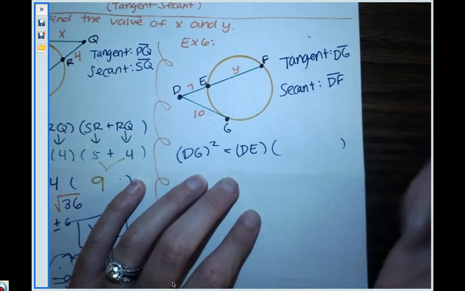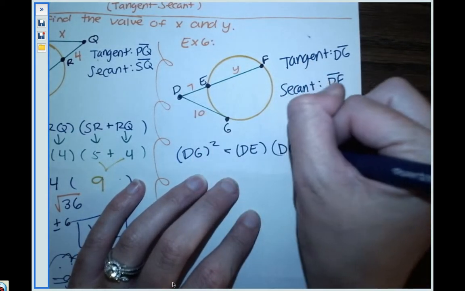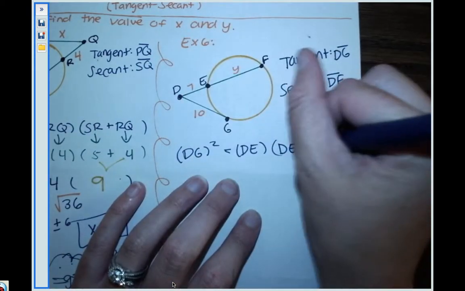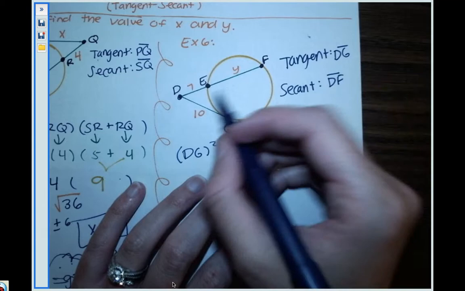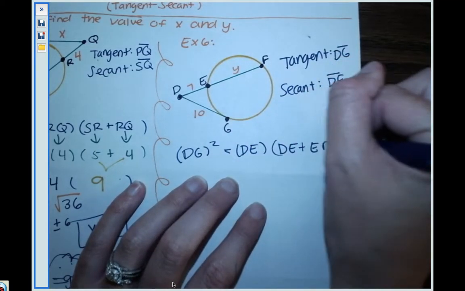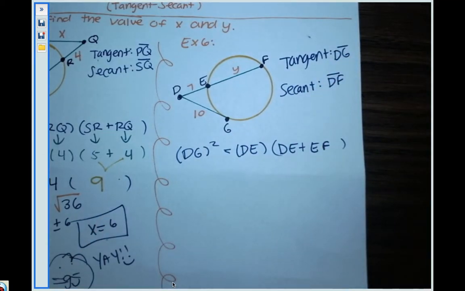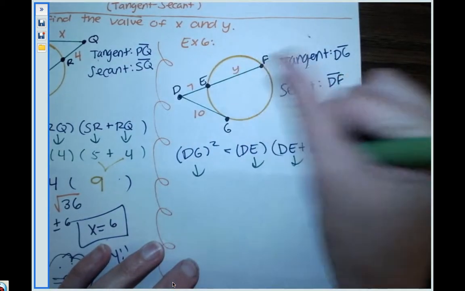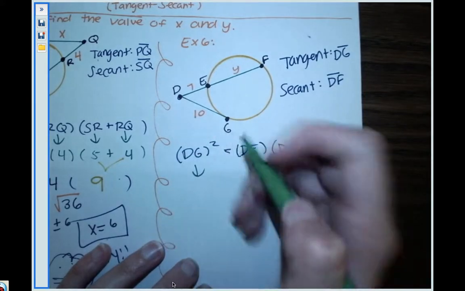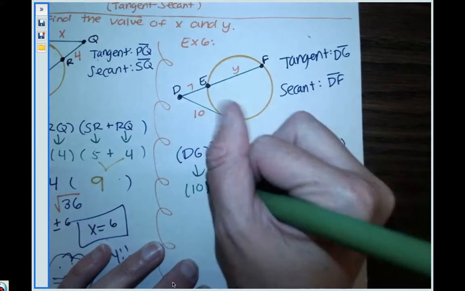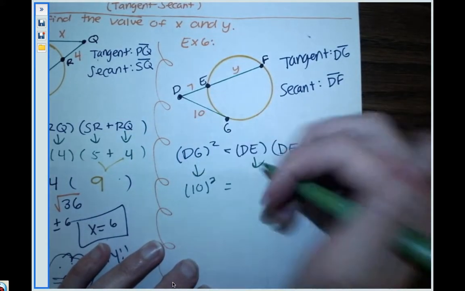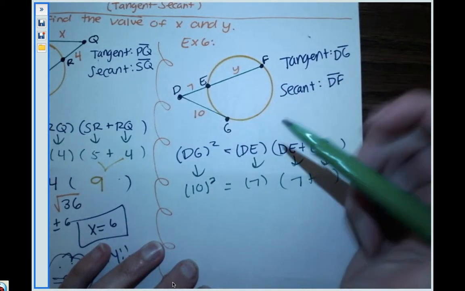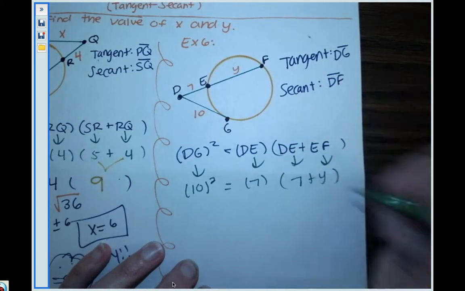So it'll be DE, the piece on the outside of the circle, times DE plus the piece of the secant that's on the inside of the circle, which is EF. All right, let's start filling in those values. DG is 10, so 10 squared equals DE, which is 7, times DE, which is 7, plus EF, which is y.